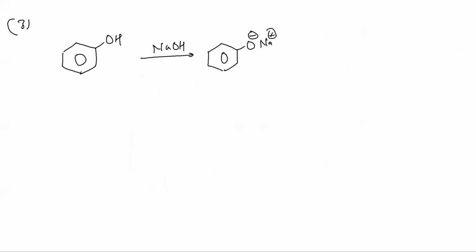Now once we get this phenoxide, we are going to treat it with RCOCl. Can you make the product? Just forget this Na plus. Can you make the product? Let's see.